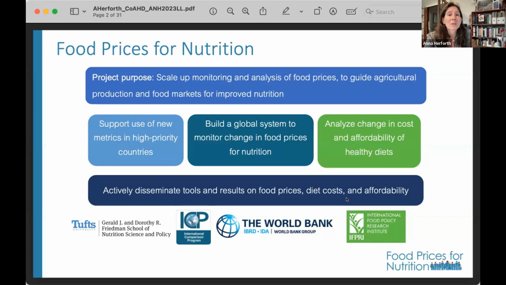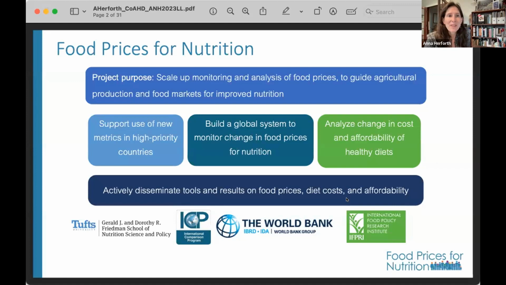So we do this in 3 different main ways in the project. First, in the center, you see helping to build a global system to monitor change in food prices for nutrition. As Christina mentioned, we are working closely with the UN Food and Agriculture Organization to be able to monitor the cost and affordability of healthy diet every year as a global food security indicator.